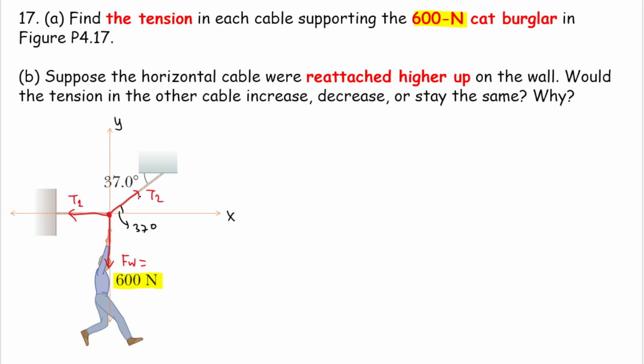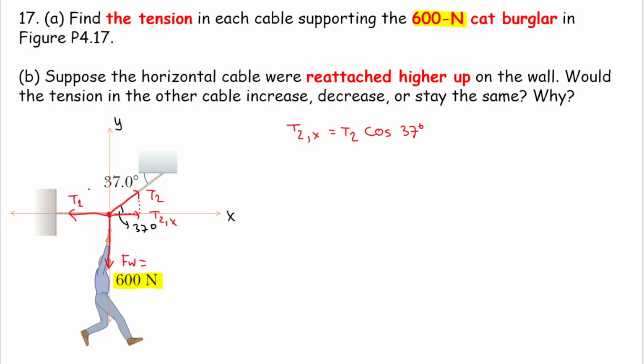And therefore we can project this T2 into the x-axis and also the y-axis. In the x-axis we will have T2,x, which is the adjacent over the hypotenuse, so that will be cosine. So T2,x will be T2 cosine of 37 degrees.